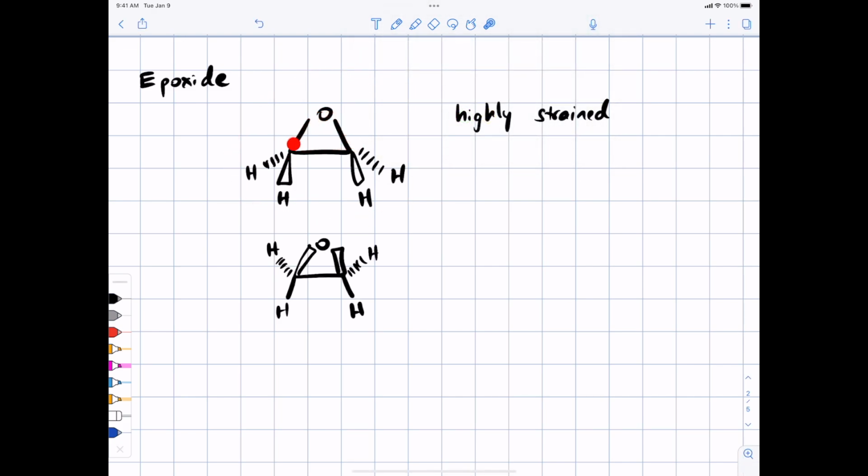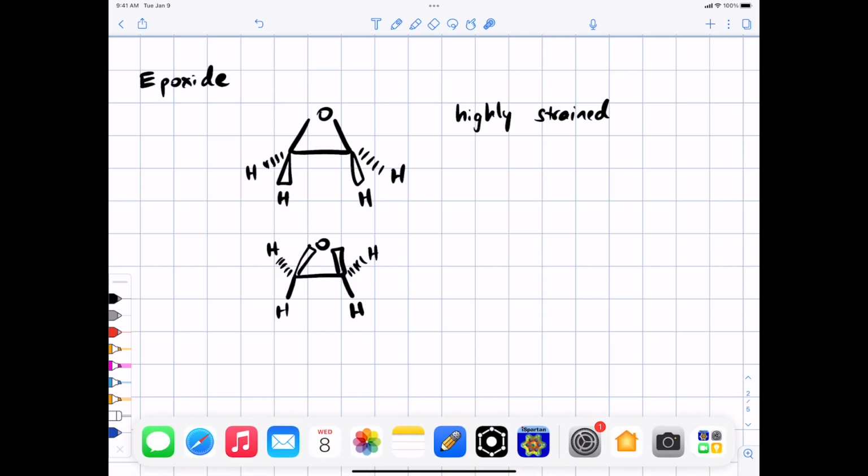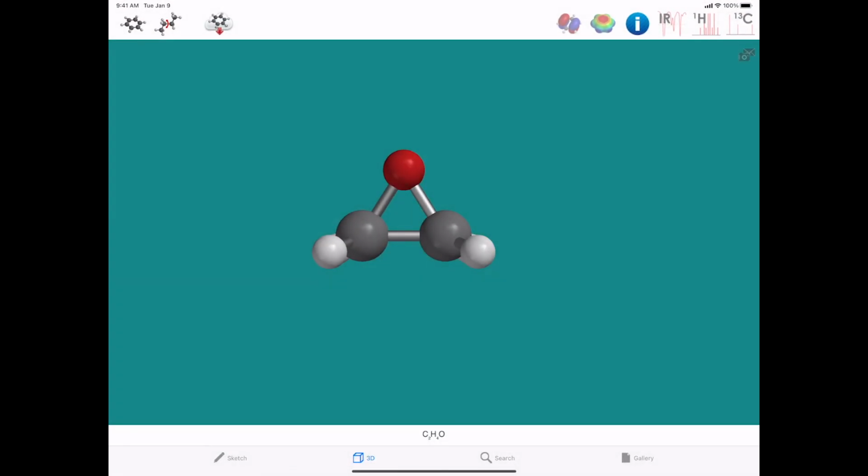All of these atoms are in the plane of the page, and you've got a couple of hydrogens coming out at you and a couple going back into the page. And then this is the view I drew below, where the carbon-oxygen bonds are coming out at you. These would be wedges, these would be in the plane of the page and therefore just be lines, and then this would be a dash.